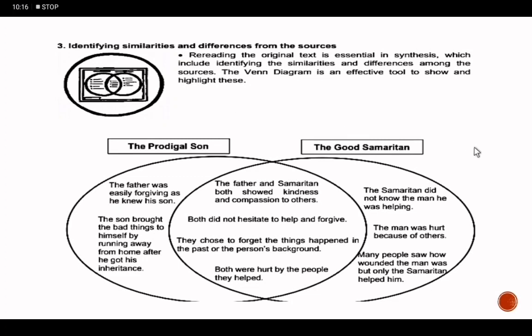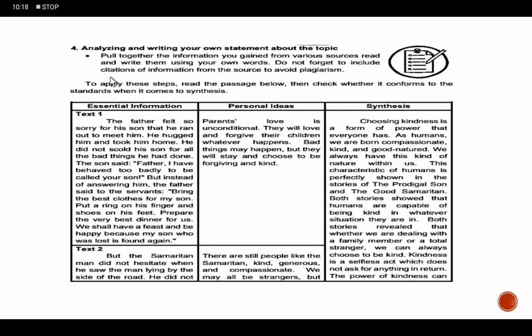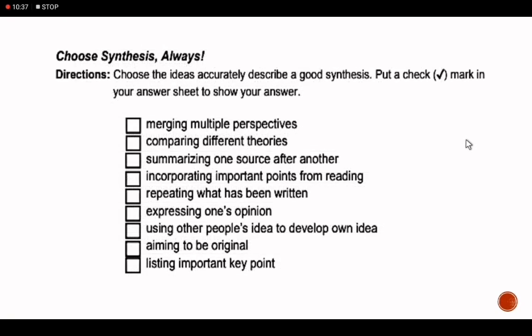So that's another step. And the fourth step is to analyze and write our own statement about the topic. Essential information and personal ideas, combined together, we form synthesis. We analyze, we summarize. Choose synthesis, always.